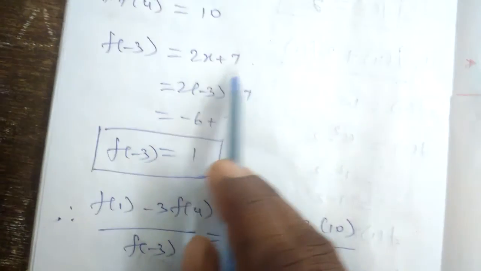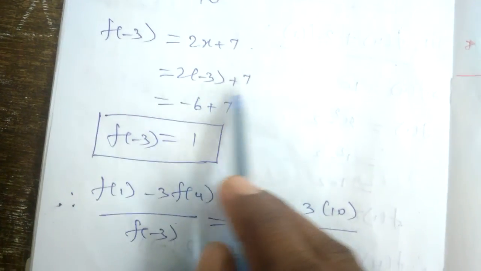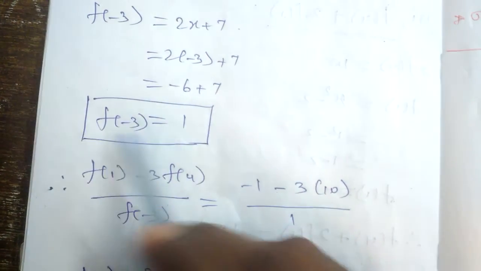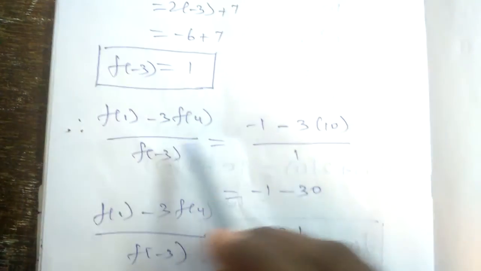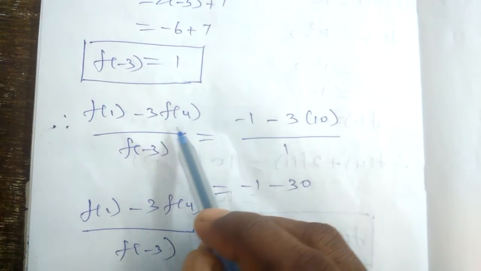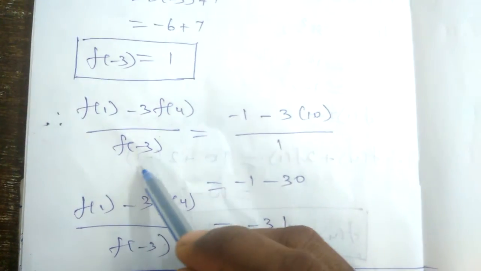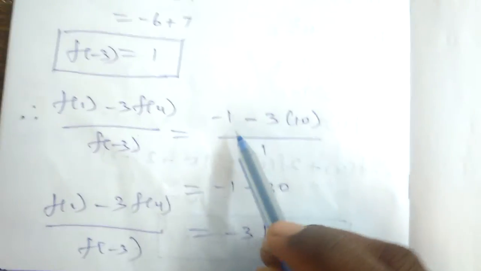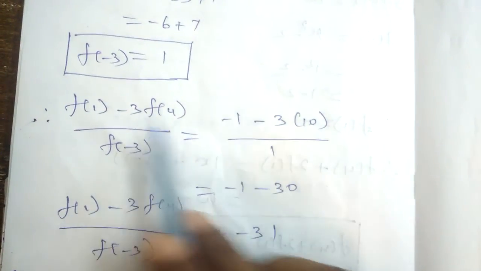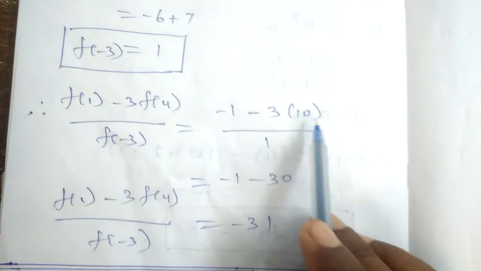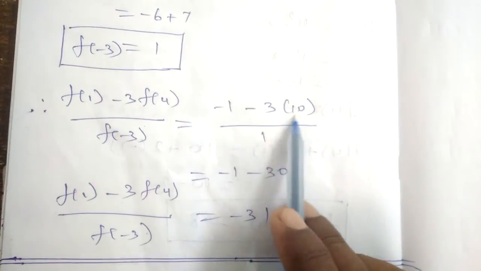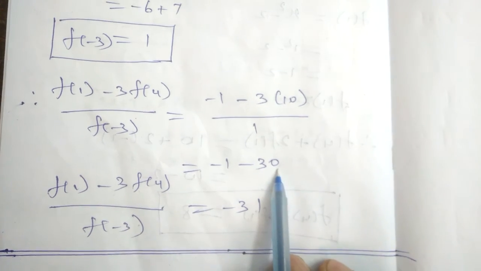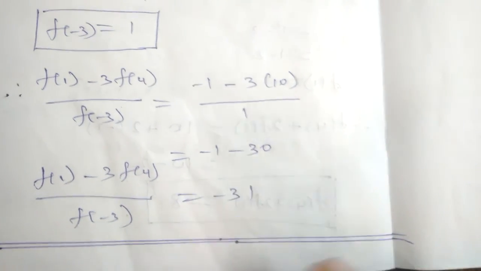So 2x plus 7: 2 into minus 3 plus 7 is minus 6 plus 7, f of minus 3 is equal to 1. Therefore, f of 1 minus 3 f of 4 by f of minus 3 equal to minus 1 minus 3 into 10 divided by 1, equal to minus 1 minus 30, equal to minus 31. That's all.